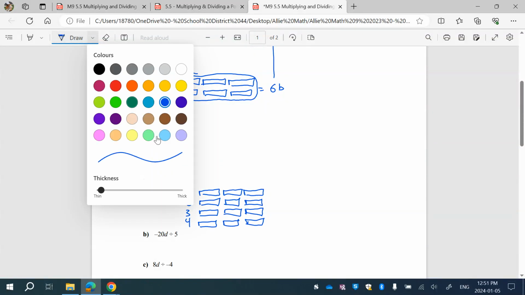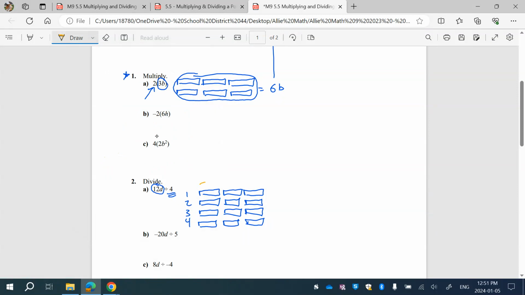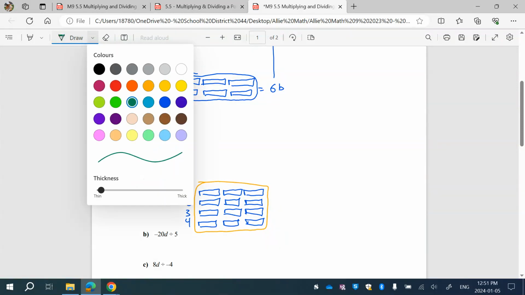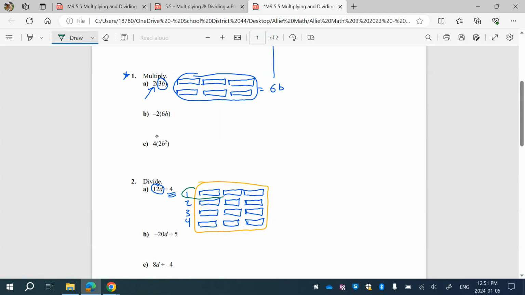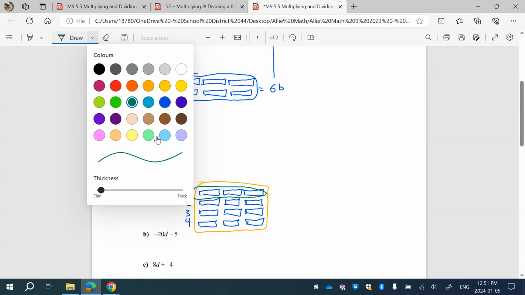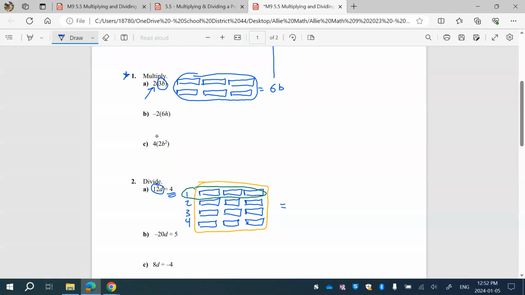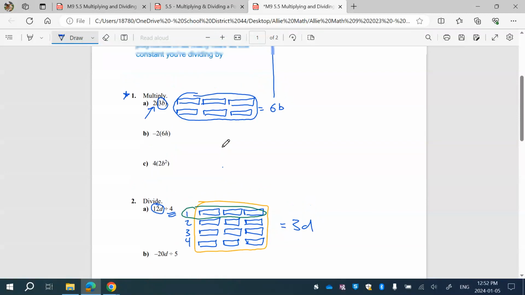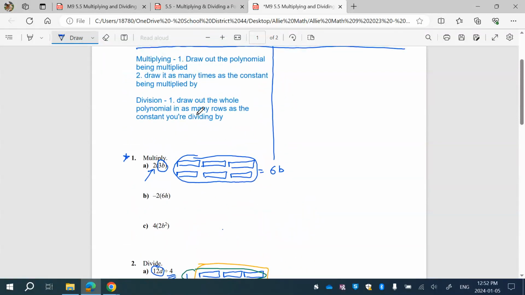So that's the whole polynomial right there. That's all 12d. And now we can see that each row has 3d in it. So that is our answer. That equals 3d. So we did 12 divided by these 4 rows. We found that in each row there's 3d. So that's the method right here.